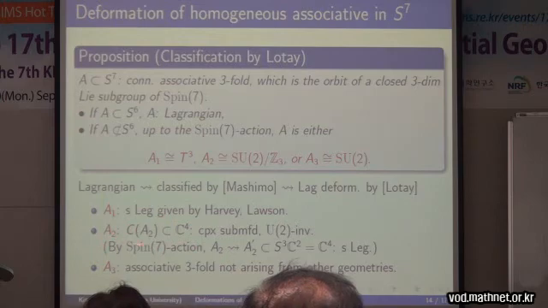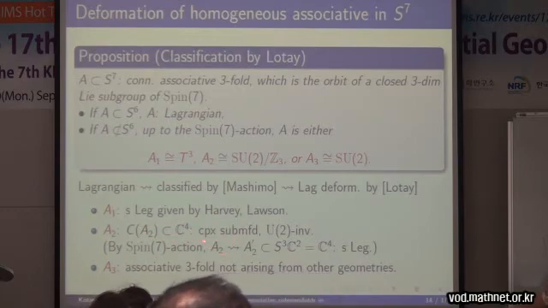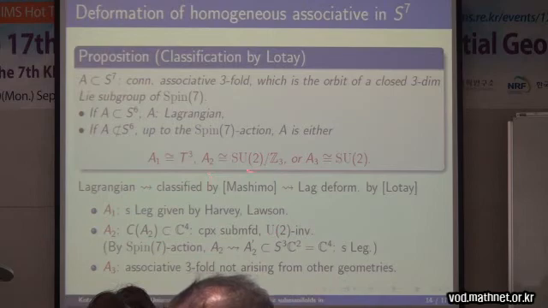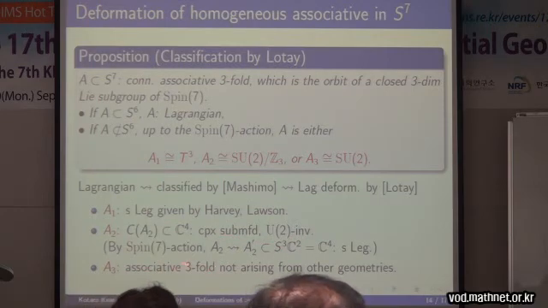About A2, if we consider the cone of A2, then it is a complex submanifold in C4. A2 can be described as SU2 over Z3, but A2 is in fact U2 invariant. A2 has more interesting properties.